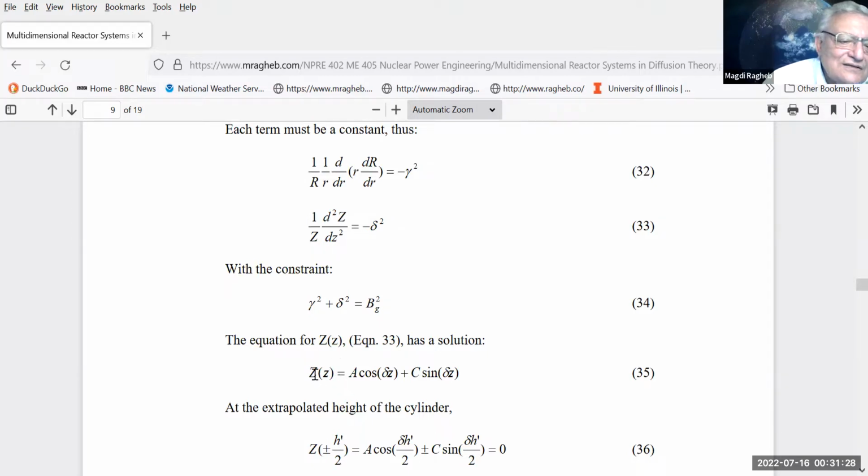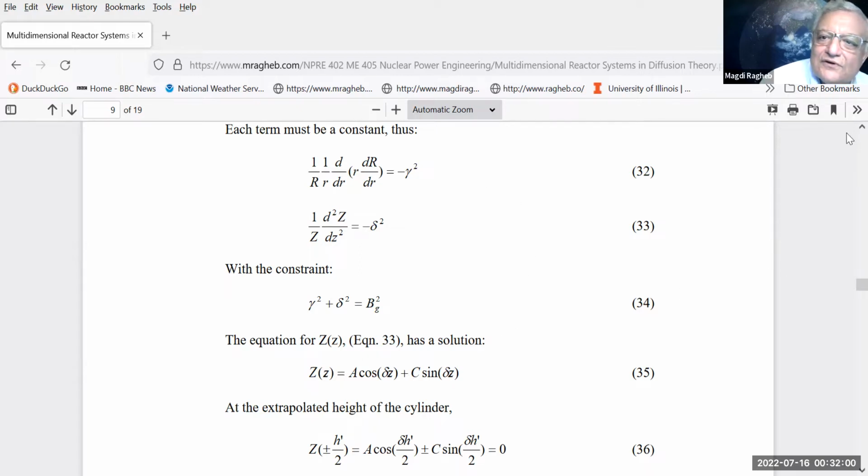In the z dimension, that Z function is a cosine plus c sine. All right, cosine plus sine. So in the cylinder, you'll find that you get a distribution that is c cosine plus c sine. The sine part can be immediately dropped as we did before because the flux cannot be zero at the center. So in the z dimension, you'll find that the solution takes the shape of a cosine.